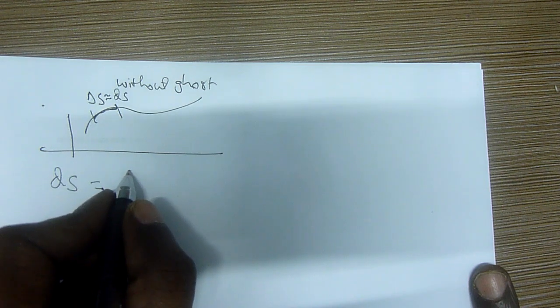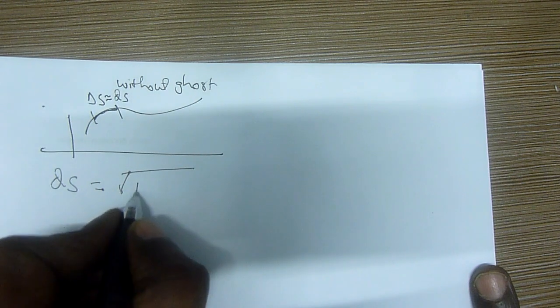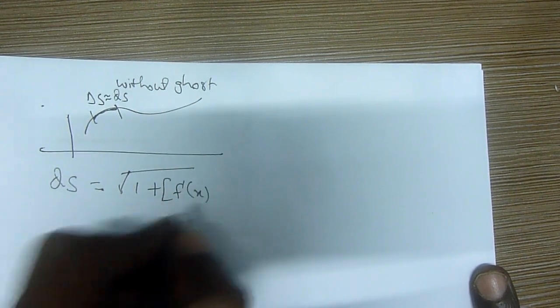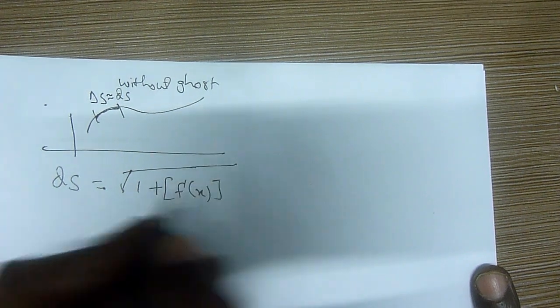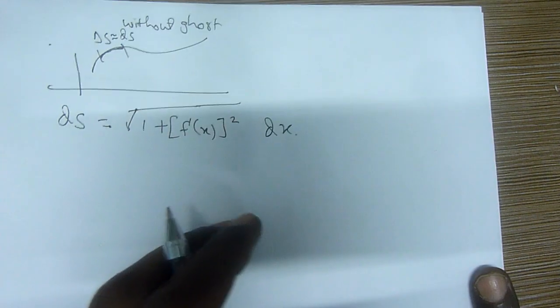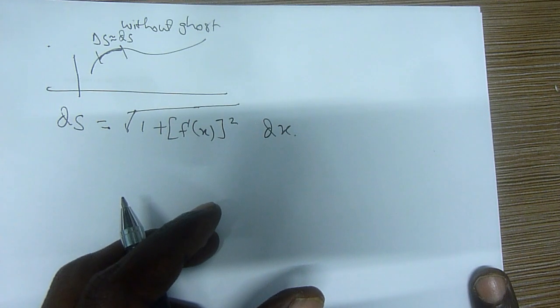There are various methods to calculate. Therefore this will be the square root of 1 plus f prime of x squared, dx.